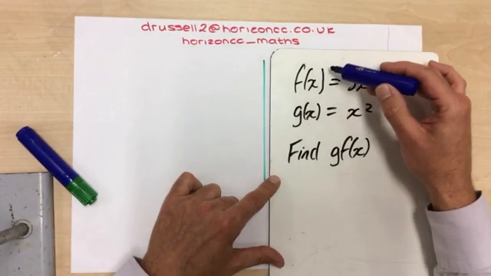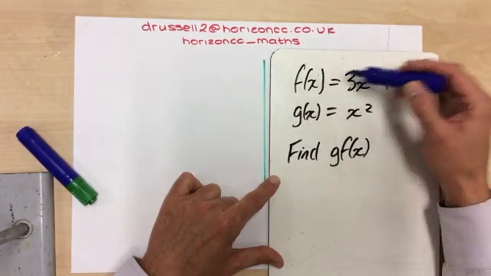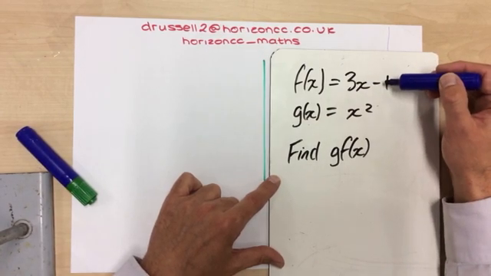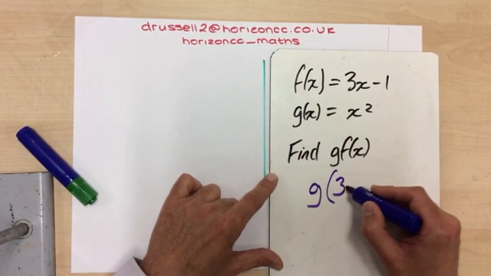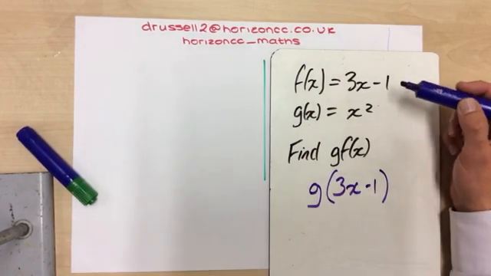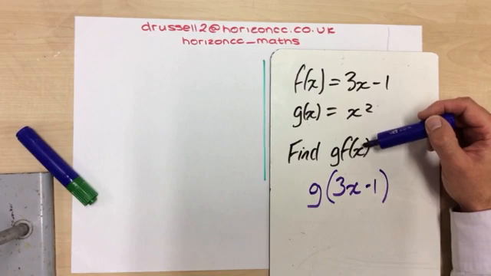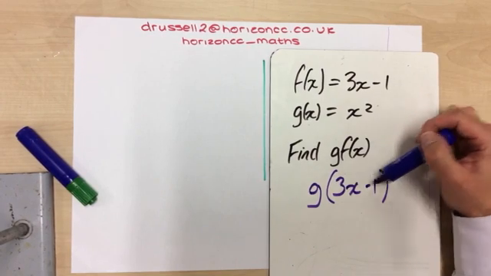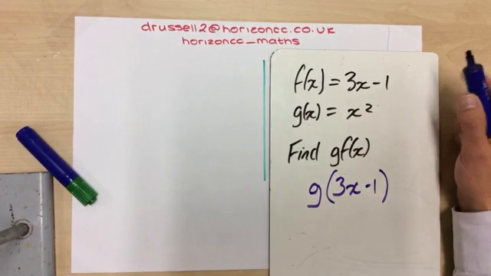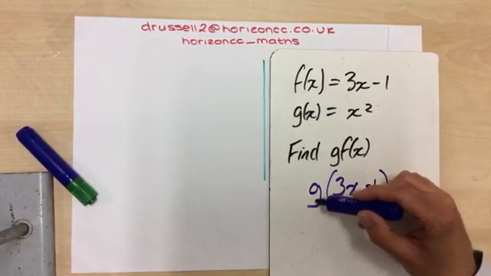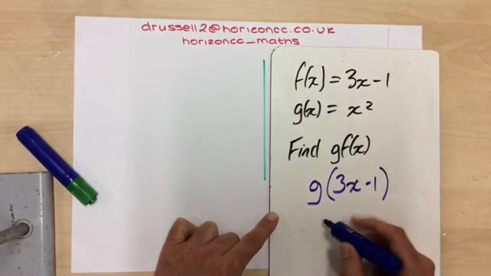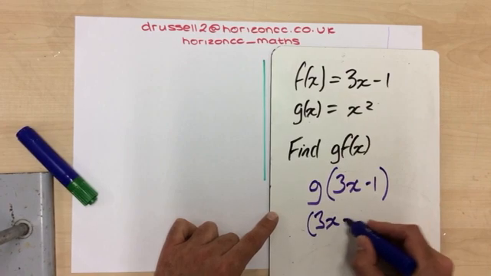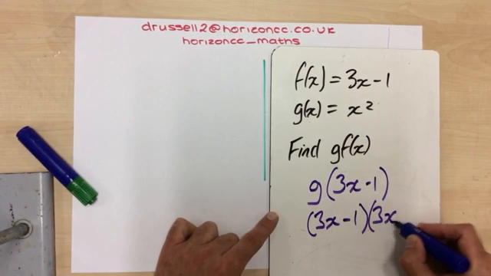So f says we are multiplying by 3 and then subtracting 1, so we do that first. So I've now got g of 3x minus 1. The x has been replaced by f of x, which is 3x minus 1. To do the function g, we now need to square whatever we've got in the bracket. So I've now got 3x minus 1 squared.